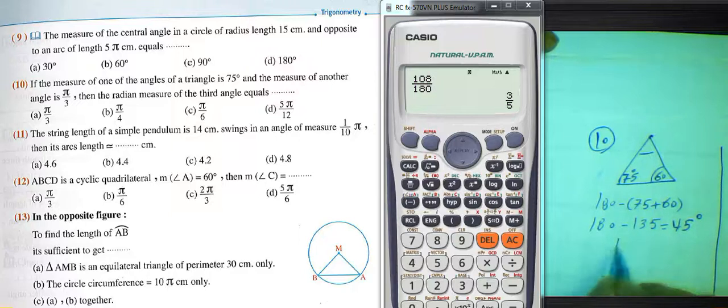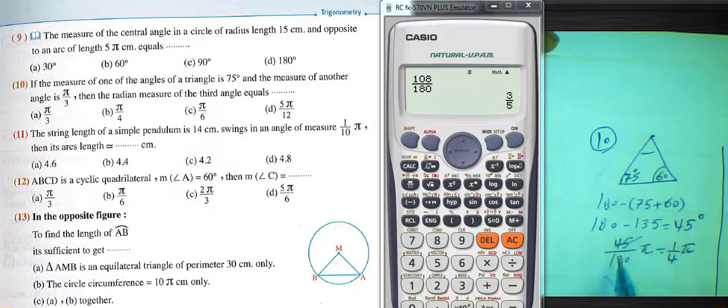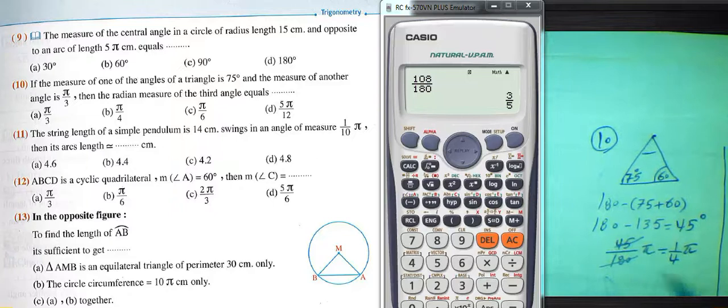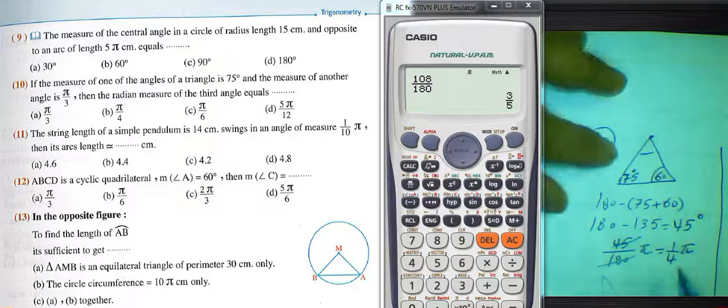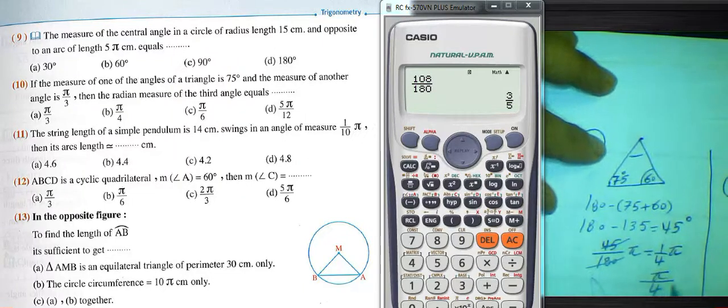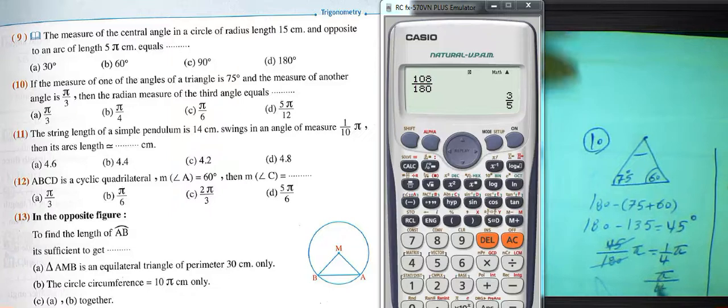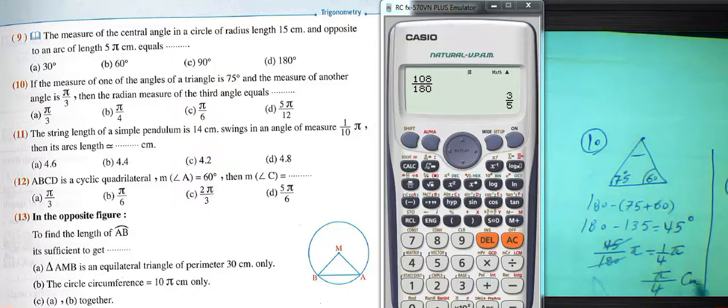We can write 45 over 180 multiplied by pi, because 45 over 180 equals 1 over 4. The result will be pi over 4 radians, sorry, not centimeter.